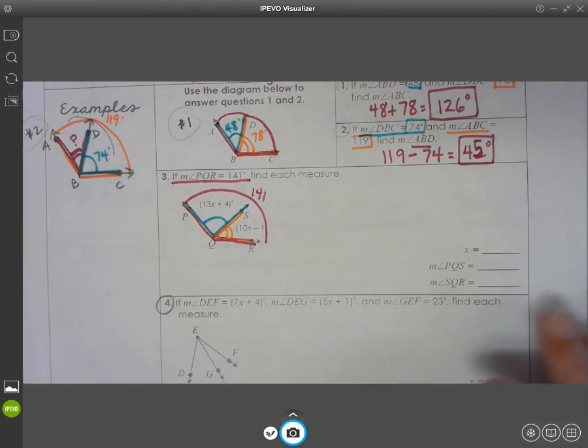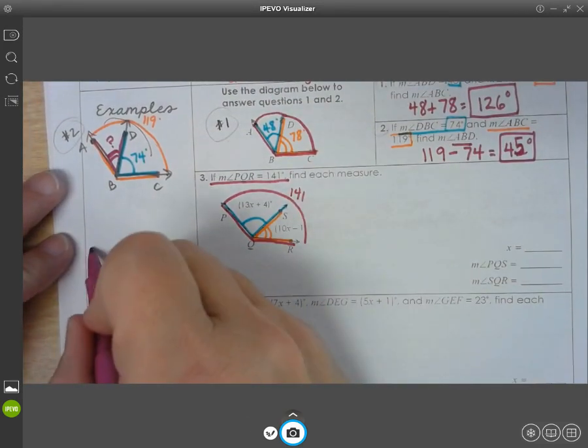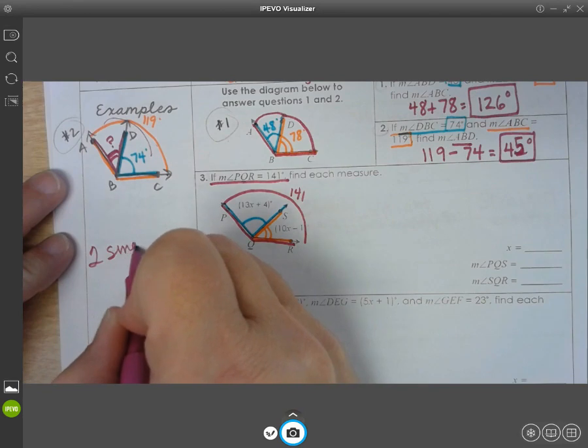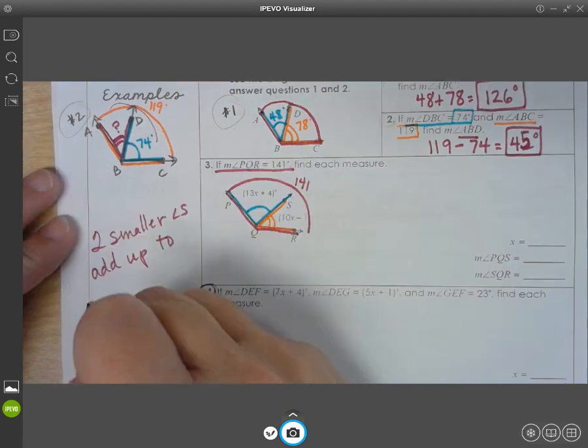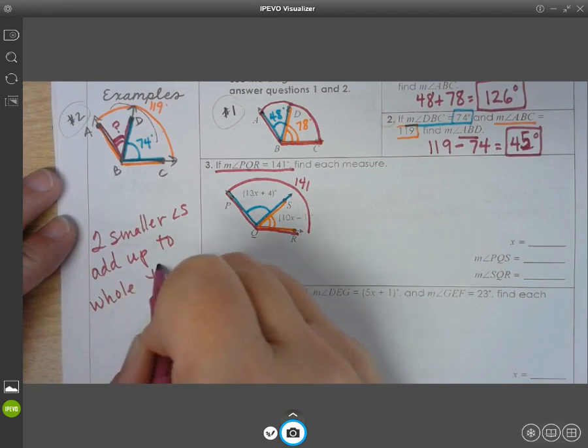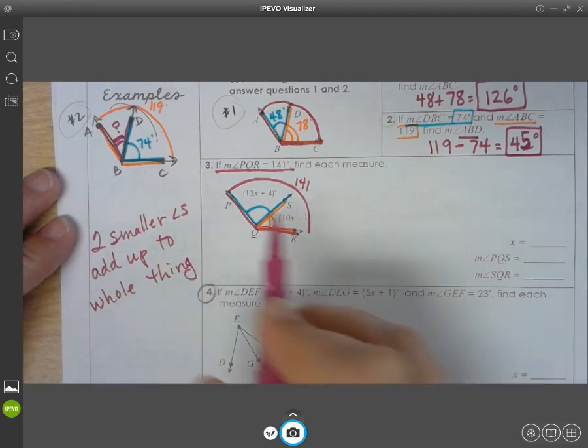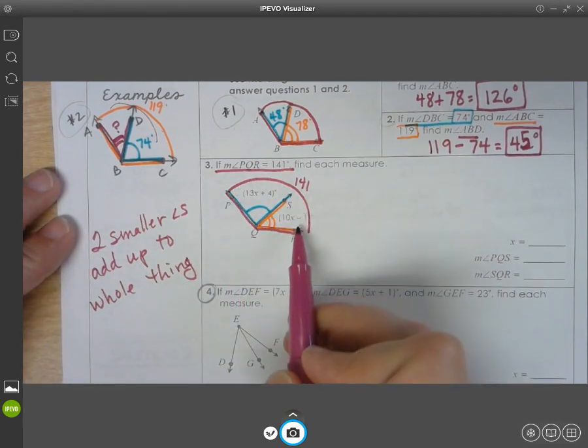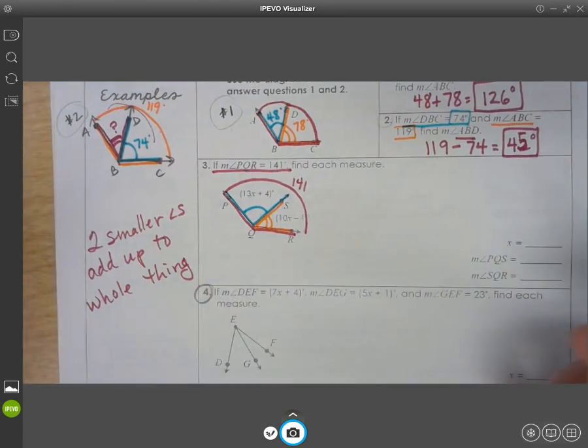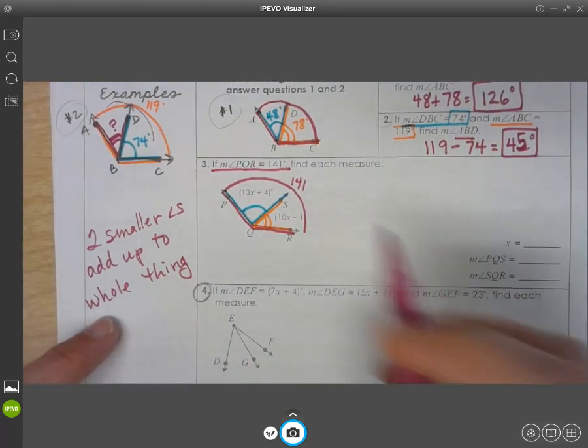Okay? So the rule is the two smaller angles add up to the whole thing, or add up to the bigger angle, right?